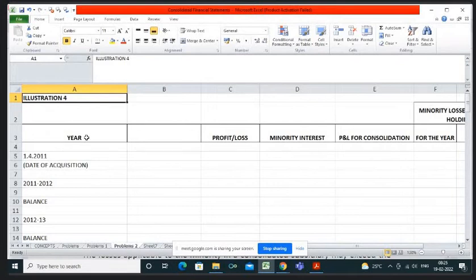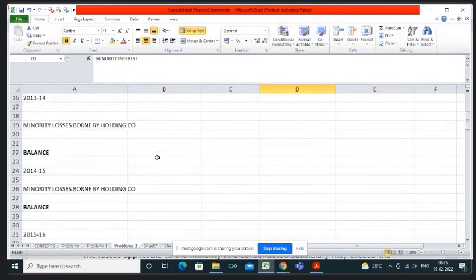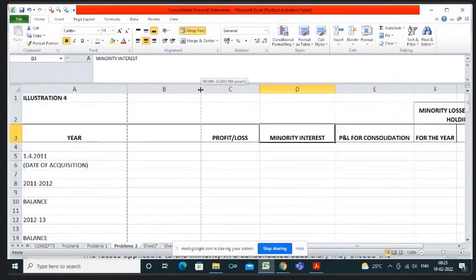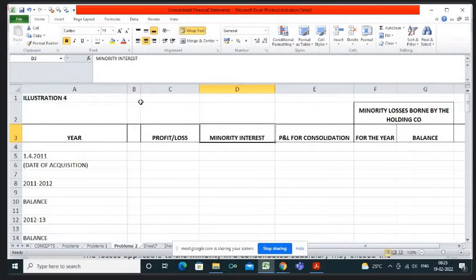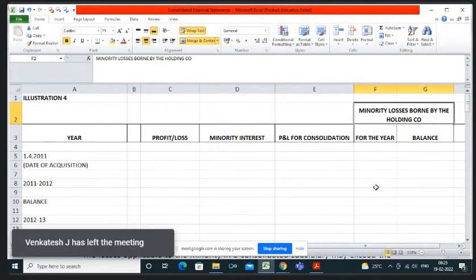So we'll prepare a table. We'll have the year in the first column, then profit or loss in the second column, and minority interest in the third column. I can minimize a little. Profit and loss for consolidation purpose, then minority losses borne by the holding company.